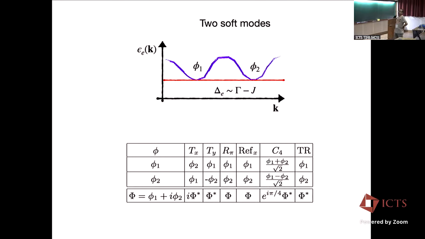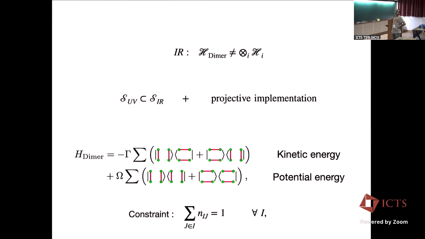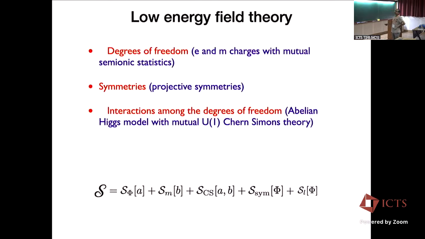Okay, so one basically does things similar to the Landau-Ginzburg theory, but for these fractionalized fields, and finds out how they transform under various symmetries of the lattice, and tries to write down a low energy field theory in terms of them.